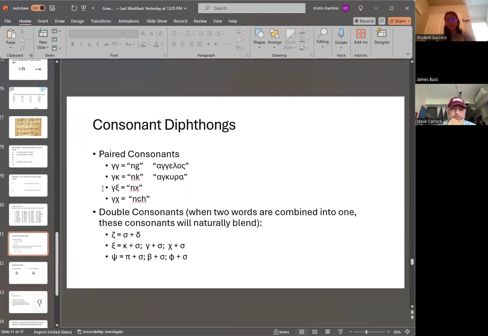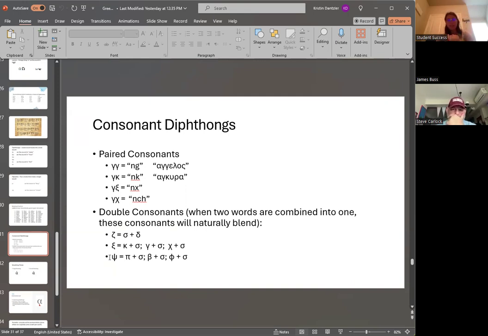Now, double consonants. There are the letters zeta, xi, and psi. Those are just normal letters. But there are times where the Greeks use compound words. We have that in English.